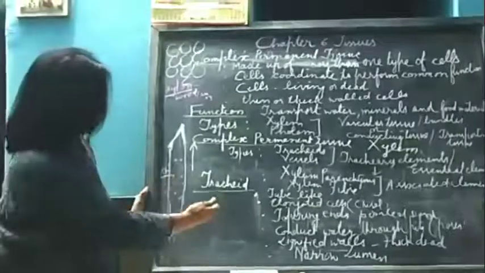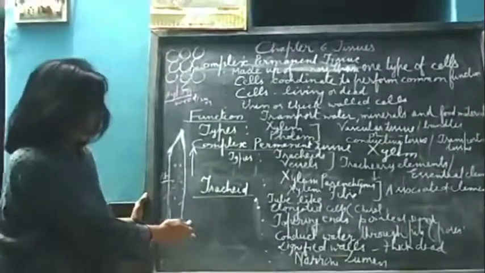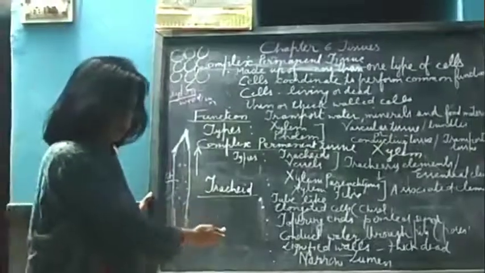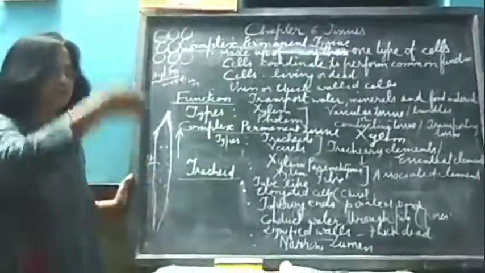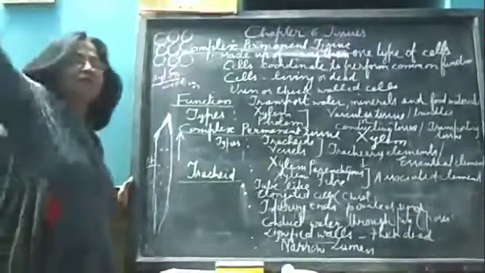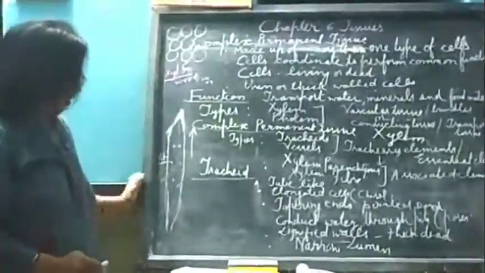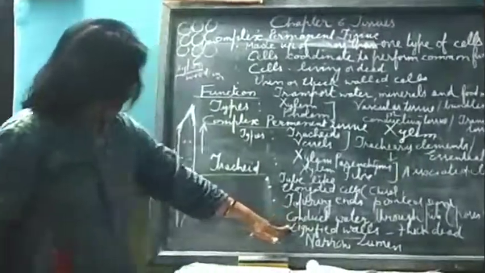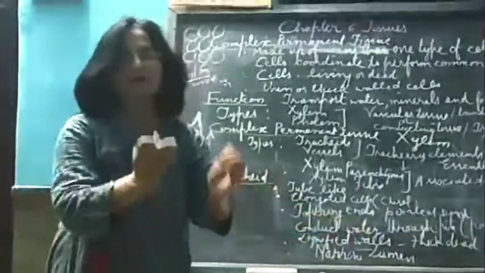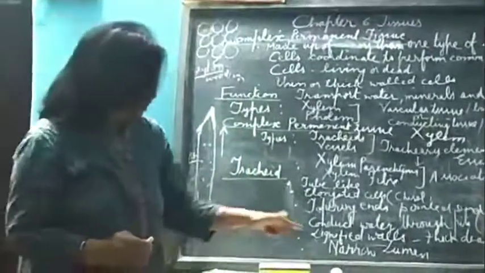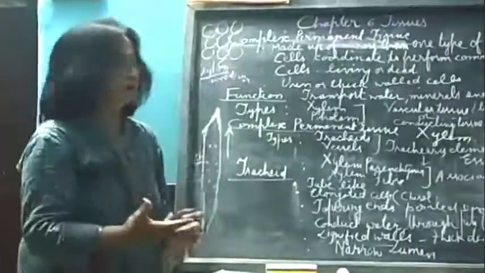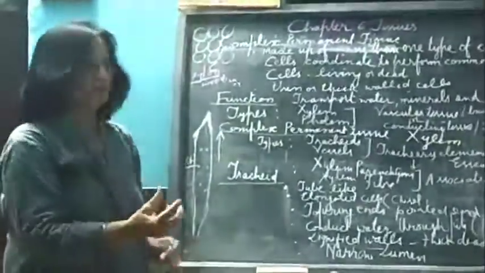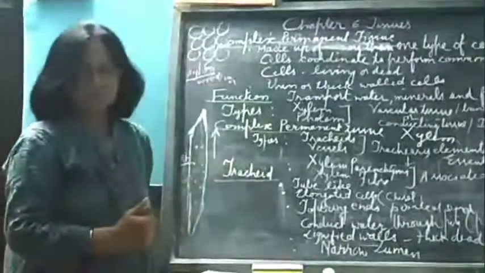Now the function of xylem: the major function is transportation of water and dissolved substances, minerals, in the plant from the root to the different parts of the plant. And being thick walled, they also give mechanical support. As soon as lignin deposition happens, they will support the plant. Today I am going to explain only tracheids.